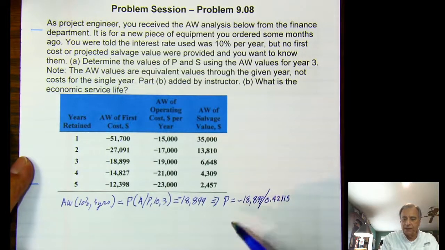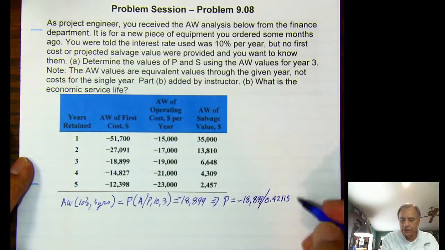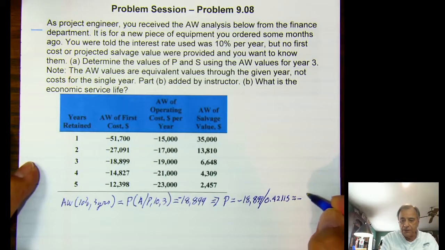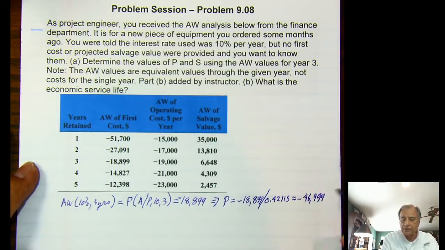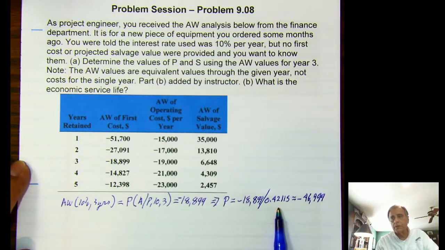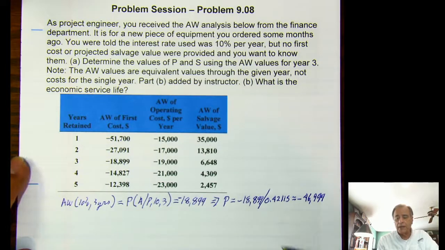When we divide by that, we get the value of P, which is minus $46,999. This number here I got from the Engineering Economics Career app, and the author took the number from the table, so he got $47,000 even.